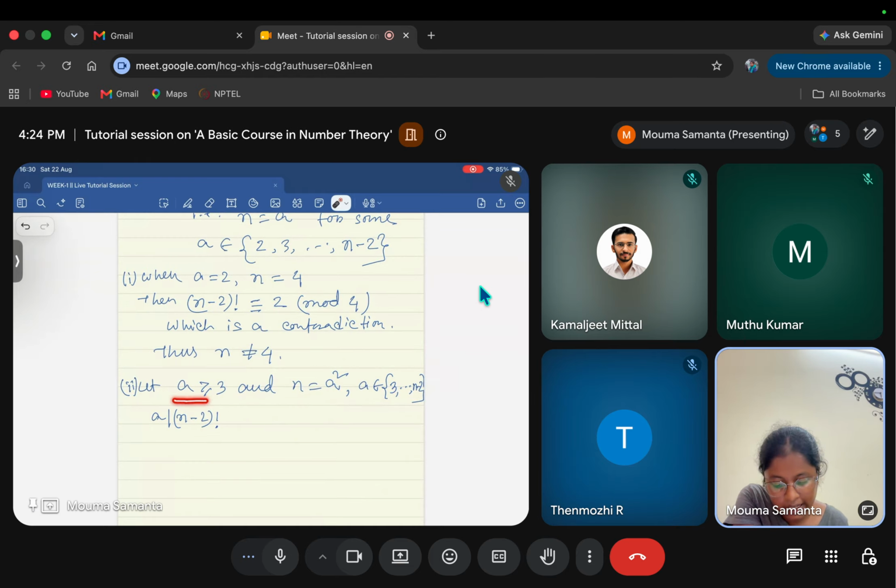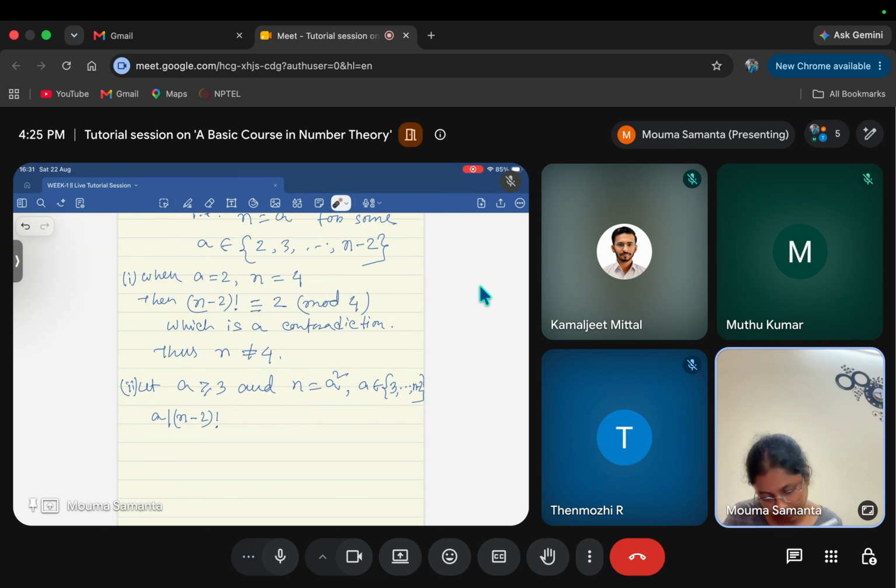If we consider a greater than or equal to 3 and n has the form a square, can we find another integer in this set rather than a such that we can show n is dividing n minus 2 factorial?